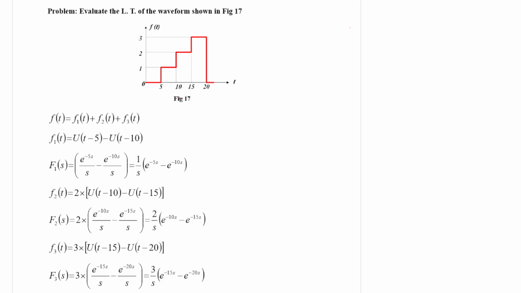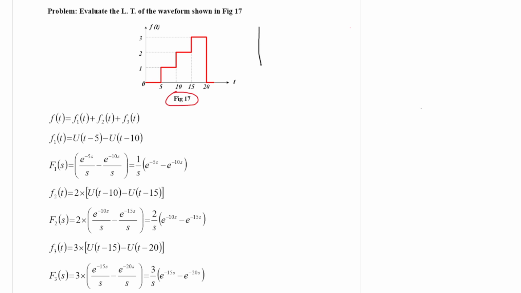We have a staircase like function, so we need to evaluate the Laplace transform of this function. Okay, now to understand this staircase like waveform, we should represent this function in this way.